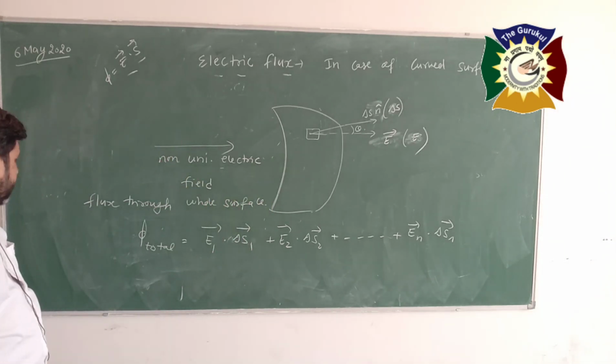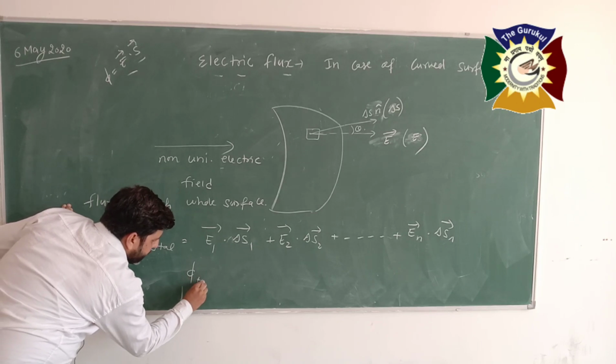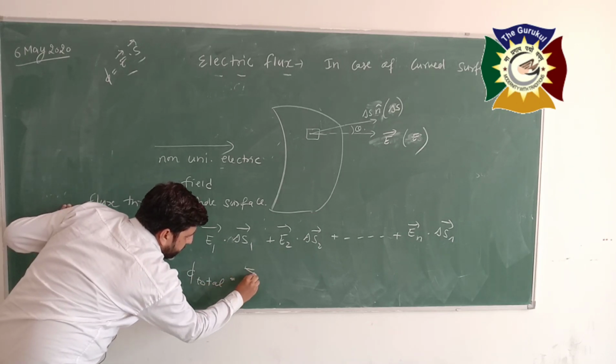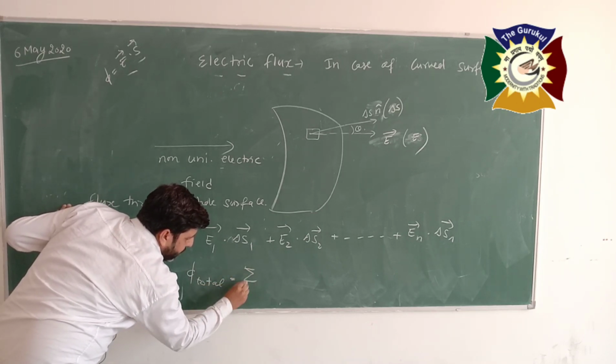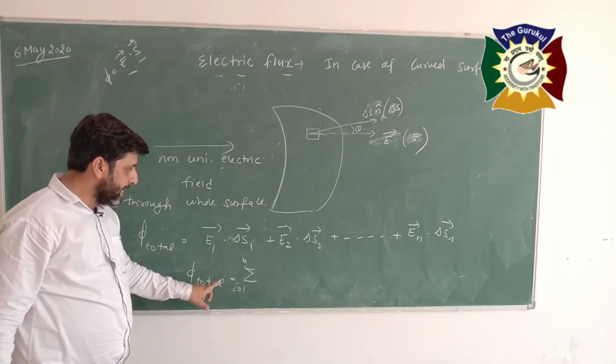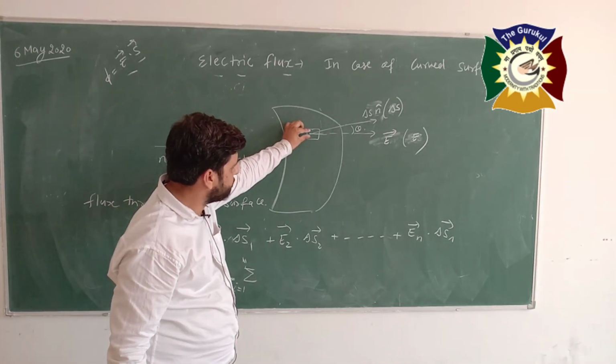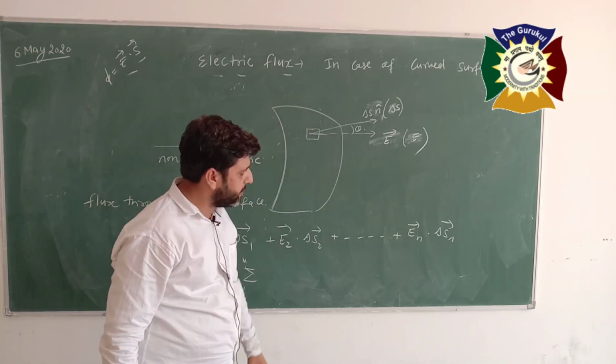Okay, now beta it can be treated as a summation, total is equal to summation, i running from 1 to n, because there are n parts, and if delta S approaches 0 then n will approach infinity, because if this part is very very small then so many parts will be there.